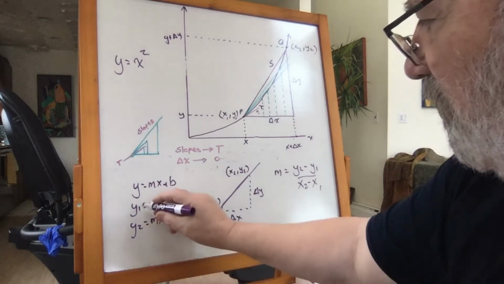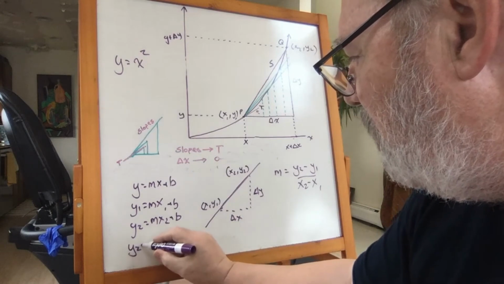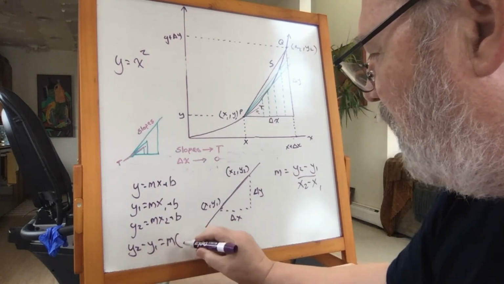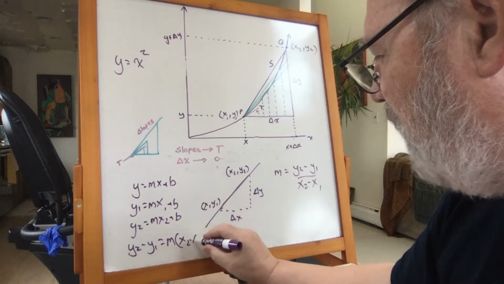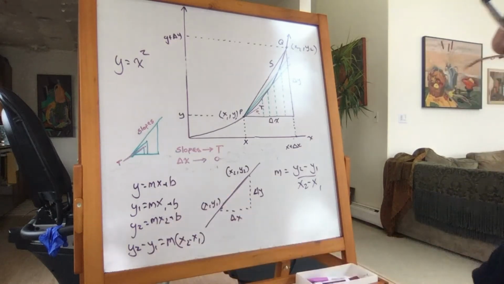So y2 minus y1 is equal to m times x2 minus x1, and the b's cancel out. B minus b is 0.